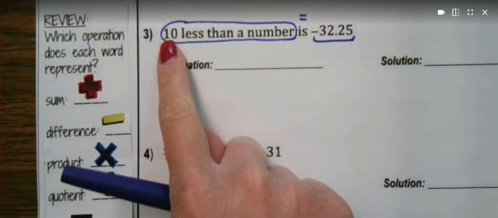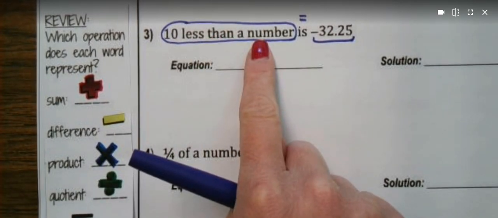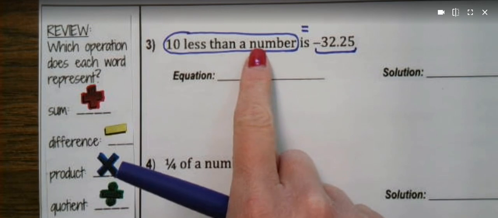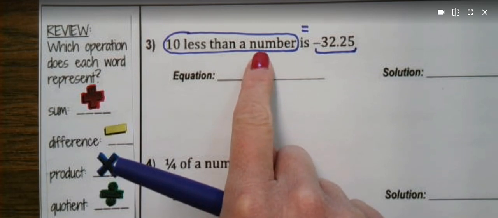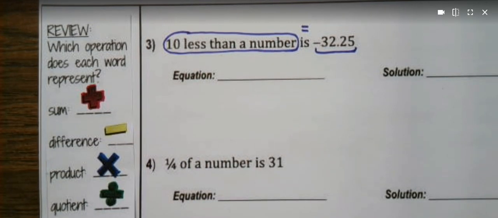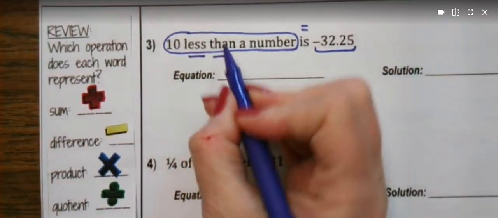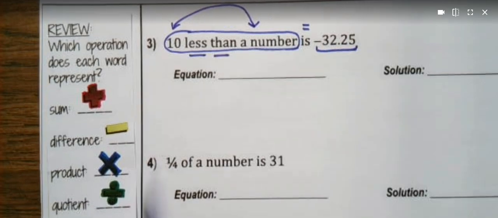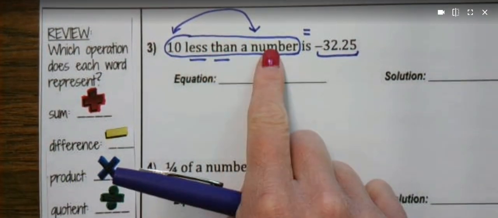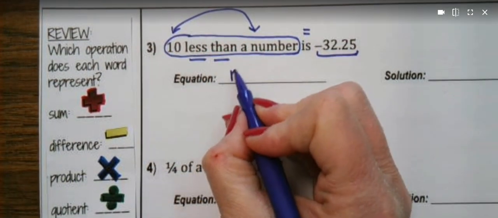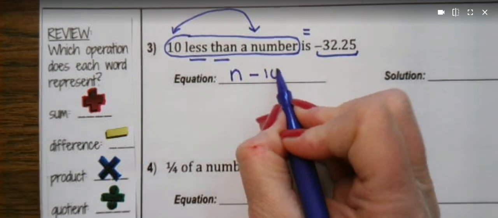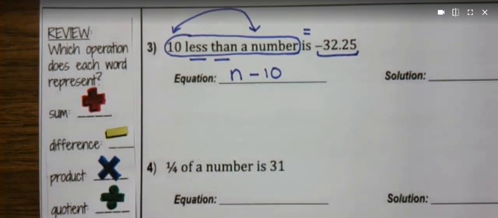But be careful, this is 10 less than a number. Think about if we were trying to find 10 less than your age. Wouldn't you take your age and then -10 after it? The words less than are turnaround words. So we're not going to write 10 minus n. It would actually be that number -10. The less than is a turnaround word.